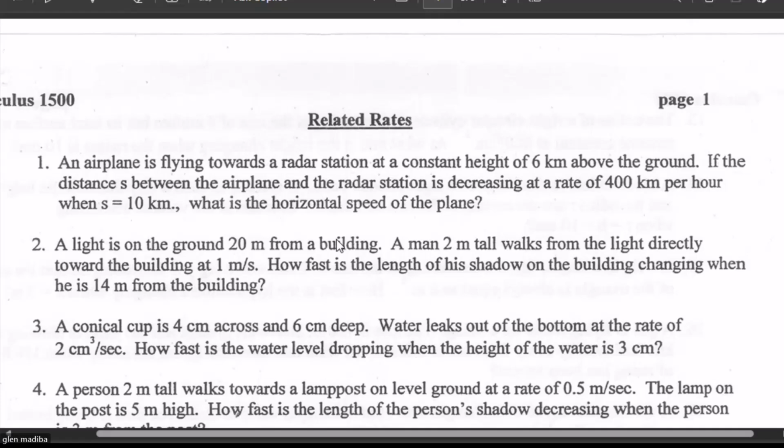Wouldn't it also be the value in terms of x? Lerato, x is on the horizontal. Shadow. The third line says, how fast is the length? Length of what? His shadow.